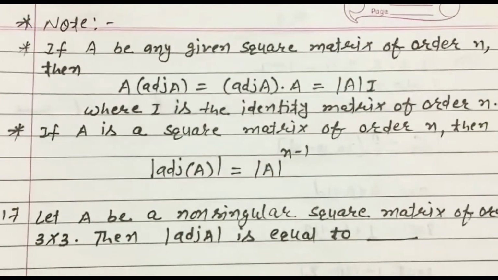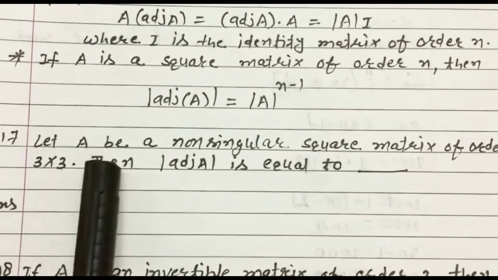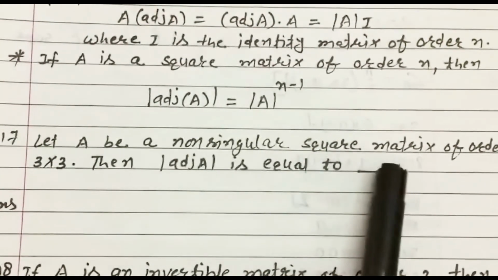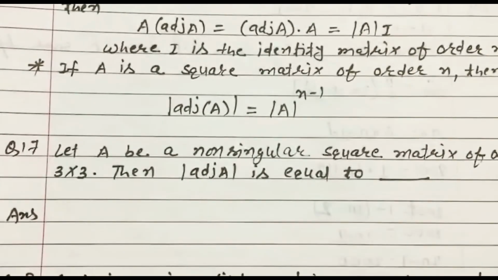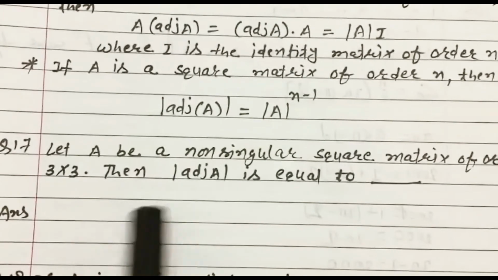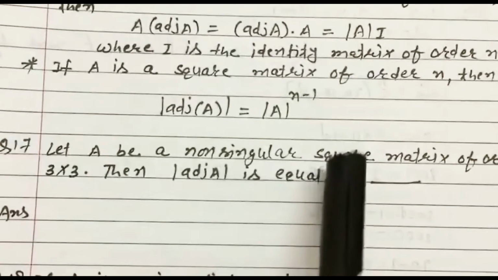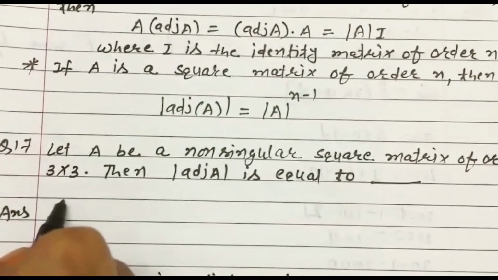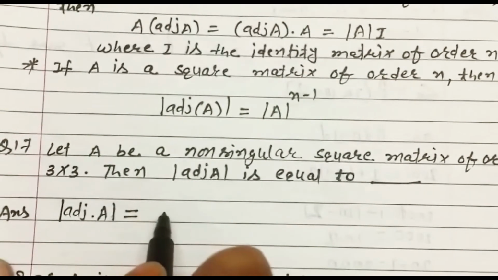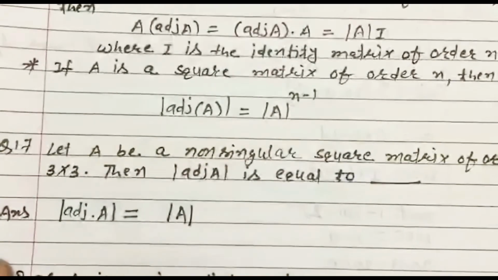Now question number 17. Question is, let A be the non-singular square matrix of order 3 by 3. Then determinant of adjoint of A is equal to, so it is related to the second property, okay, and here it is determinant of A power 3 minus 1.